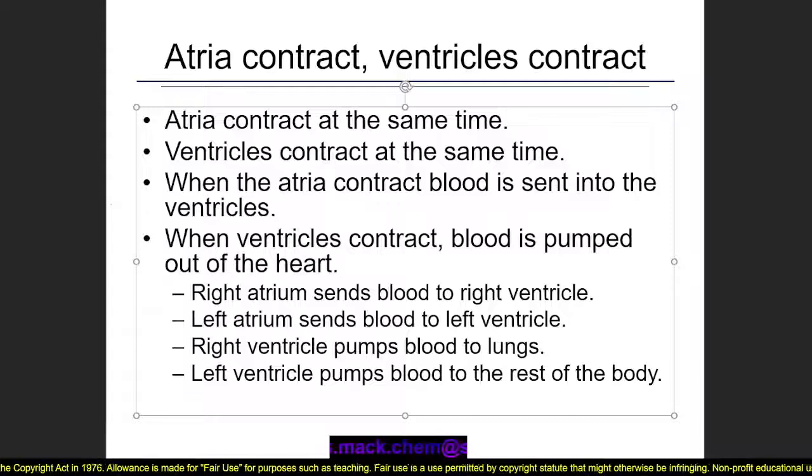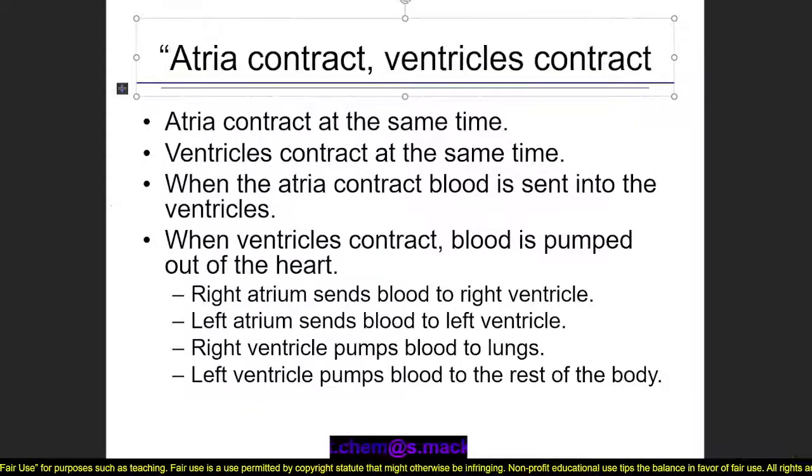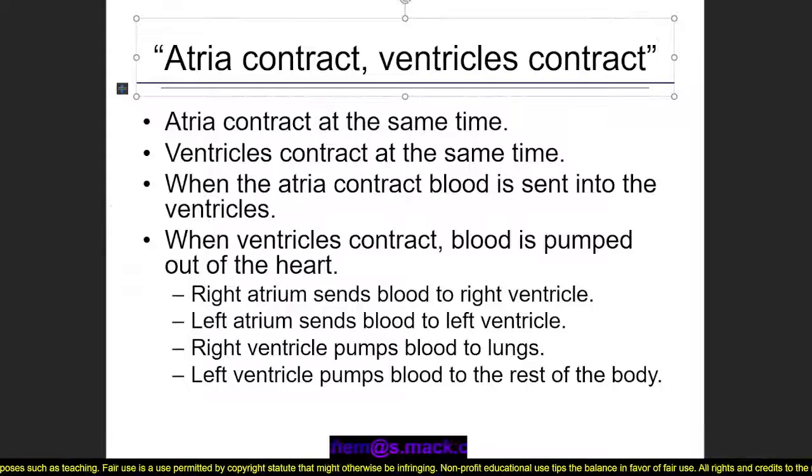This is the short note that I have prepared on what happens when atria contract and ventricles contract. You are to take this note down into your book and make sure that you understand how the heart works in terms of the pumps when the atria contract and when the ventricles contract.